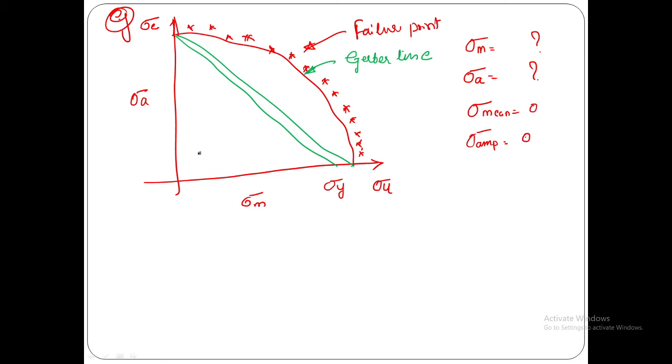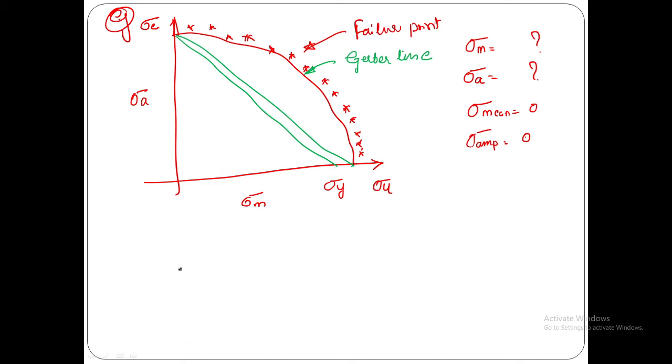If the component is subjected to completely reversed bending stress, what is the value of amplitude stress? Just go back to the diagrams that you noted.